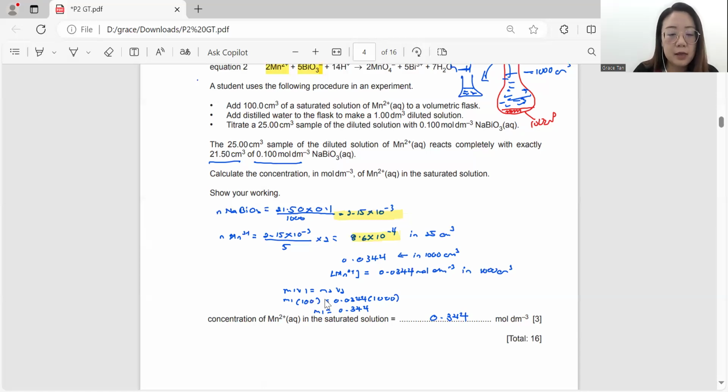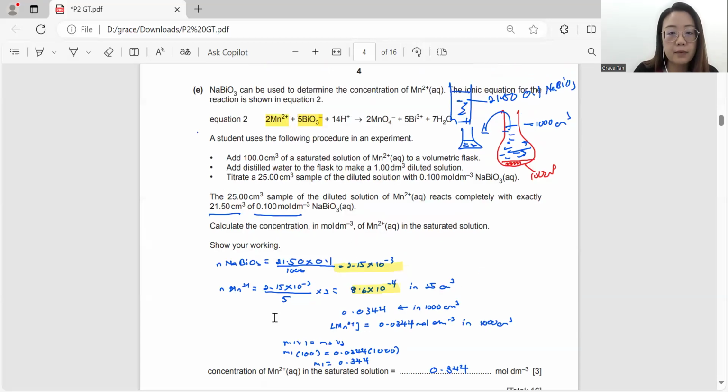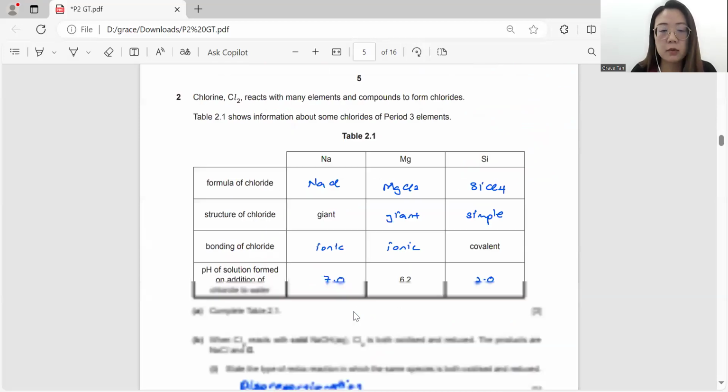And I diluted it into a 1000 cm³ volumetric flask with a final concentration of 0.0344. So hence you can find the saturated concentration as 0.344. Okay, yeah. So therefore you can pause the video and then after that you can write down. I will just proceed. Now next, question number 2.